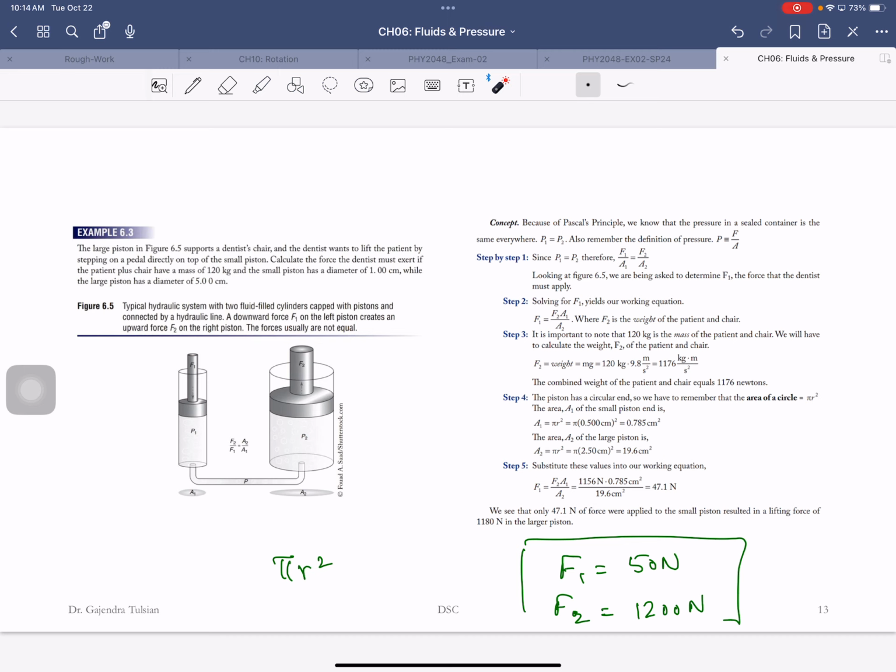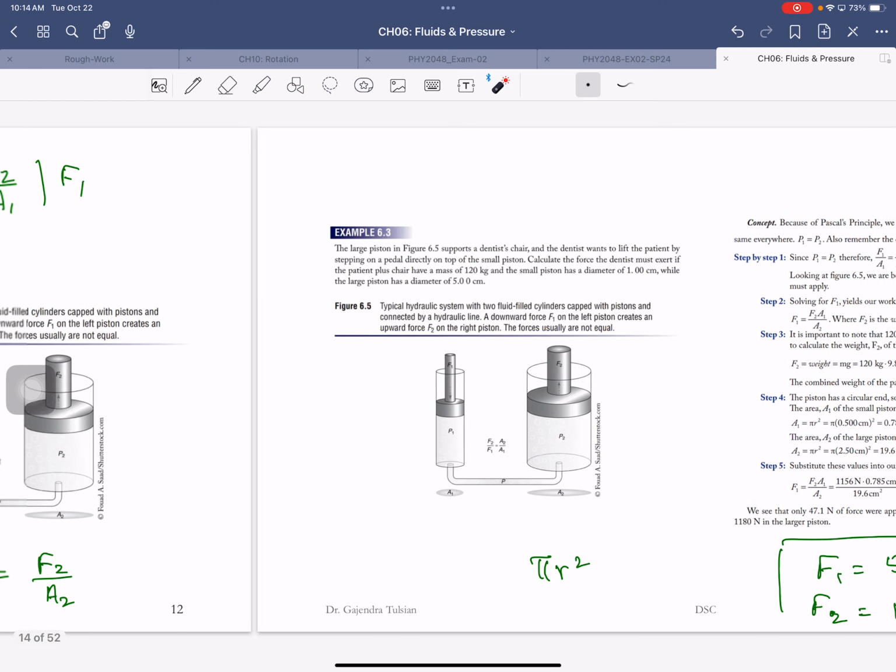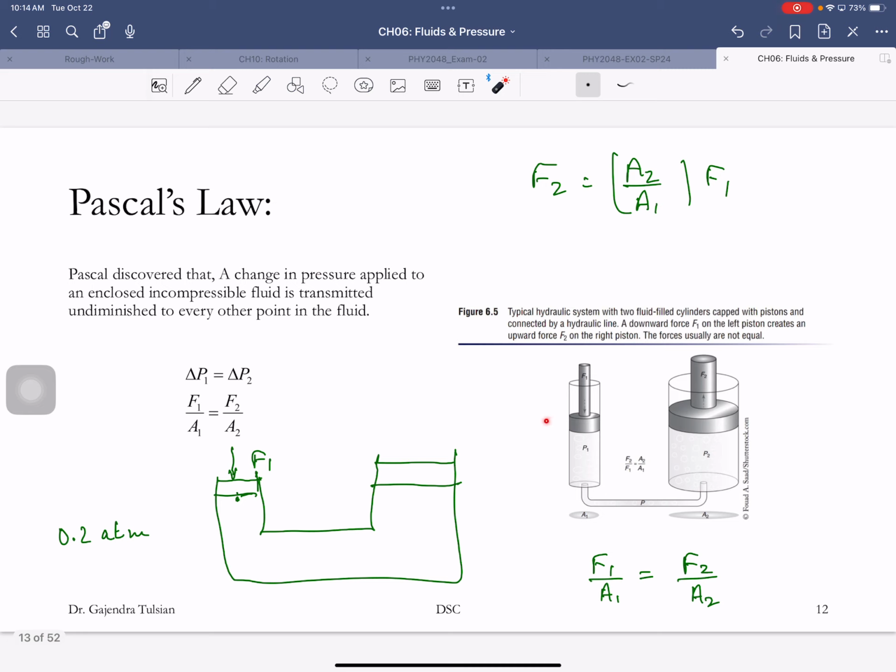Okay. So again, this device is a force multiplier. Anytime you want to do heavy lifting with a hydraulic lift, you press down on the small cylinder and you're lifting a heavy object on the big cylinder. Okay.